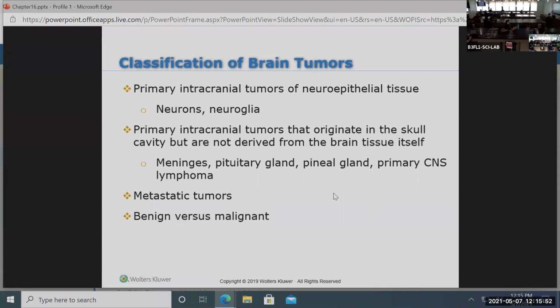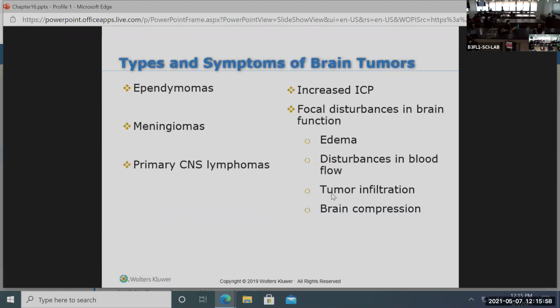And we do discuss in terms of benign versus malignant. Ependymoma, meningiomas, and primary CNS lymphomas. All these tumors cause increased pressure effect, increased intracranial pressure.